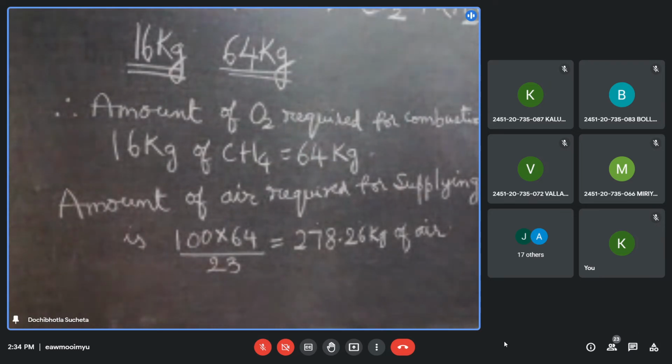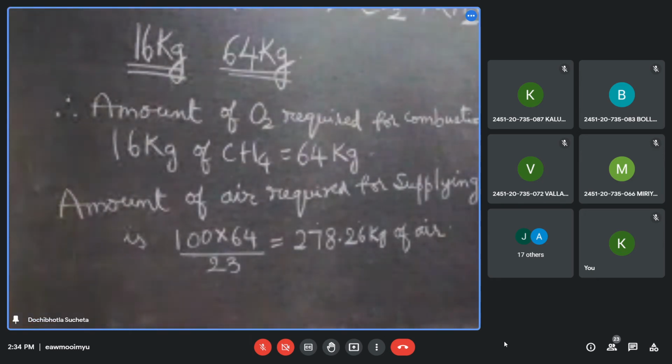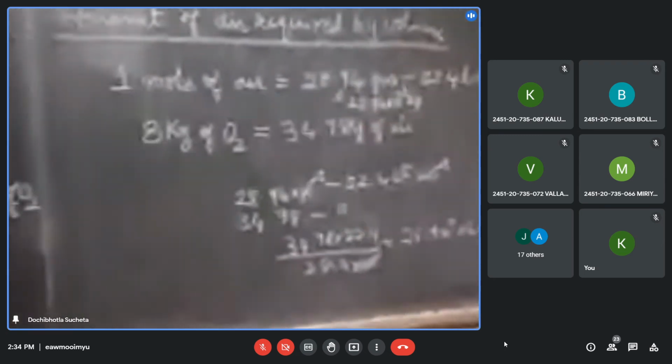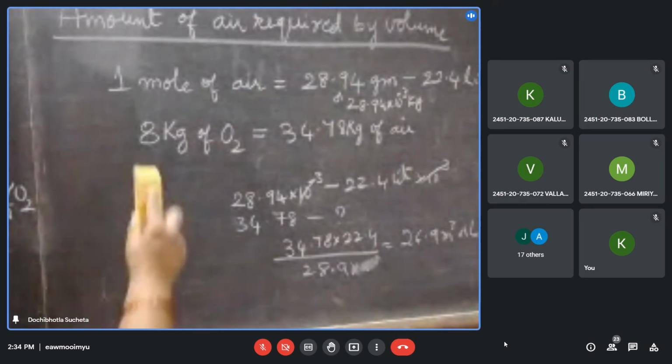So to supply 64 kgs of oxygen, I need to supply 278.26 kgs of air. Okay, got it. Now, this is all for your information. All right, here again it's easy.